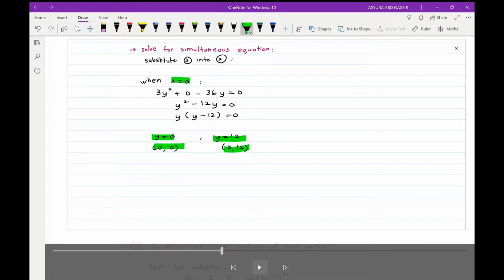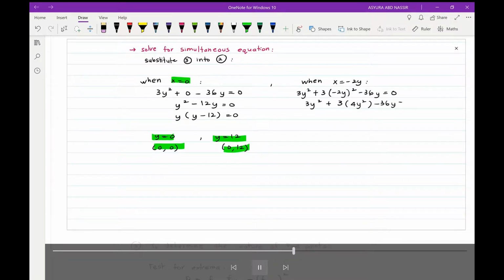Okay, continue. Next, when x equals to negative 2y, you will substitute in your equation number 2 and simplify. You will get the value of y. So look at here, you can factorize your y. You will get y times (15y minus 36) equals to 0. So simplify, you will get y equals to 0 and y equals to 12 over 5.